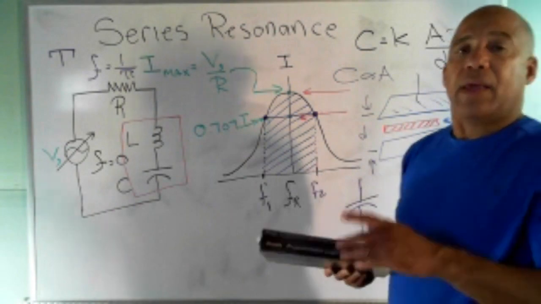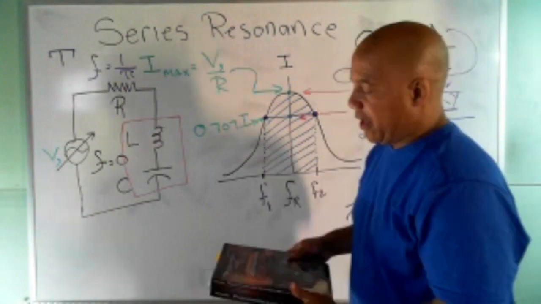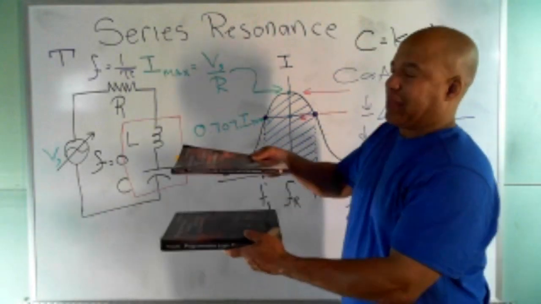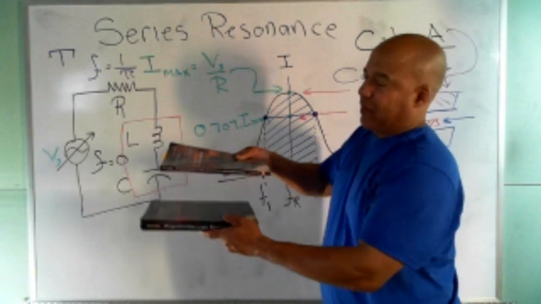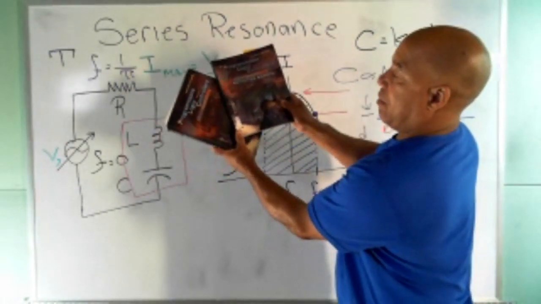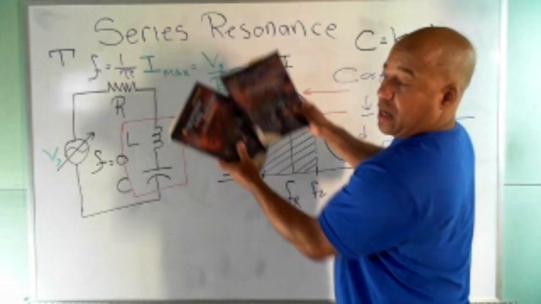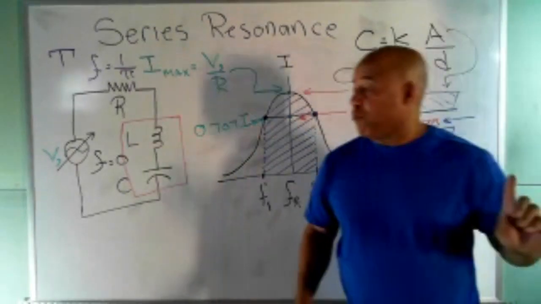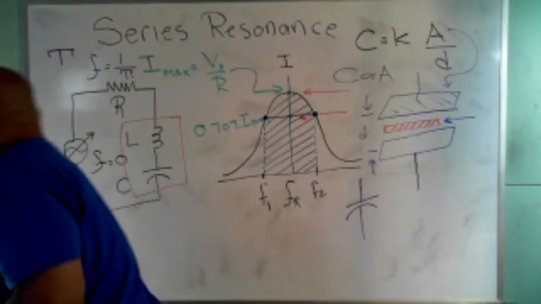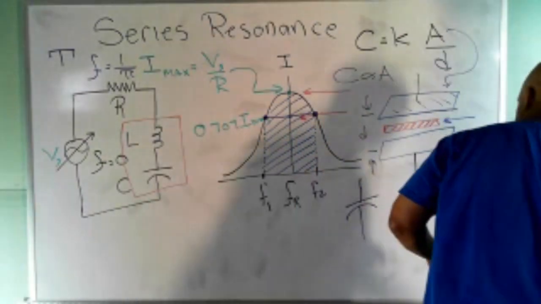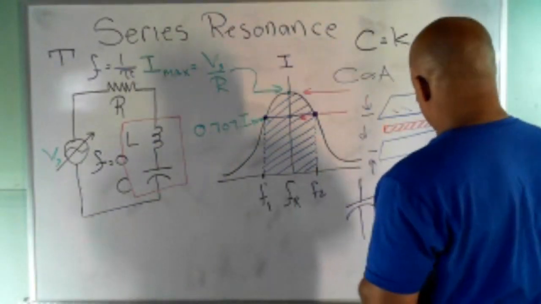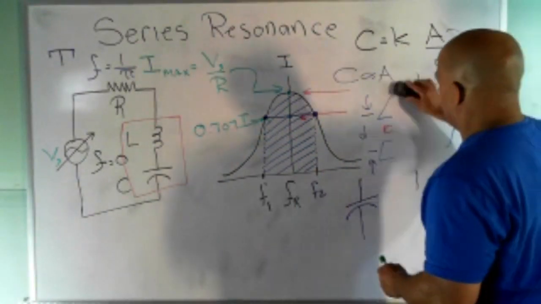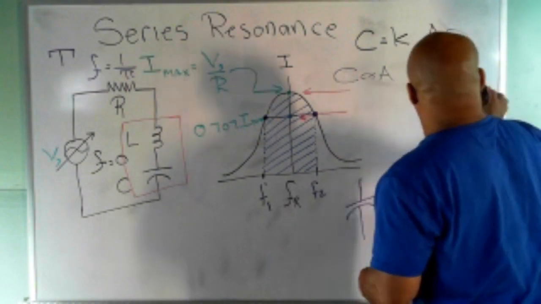But the question I was going to ask is, what if the two plates are not directly over each other like that? What if I have it like that? In other words, what if I had one plate like this?